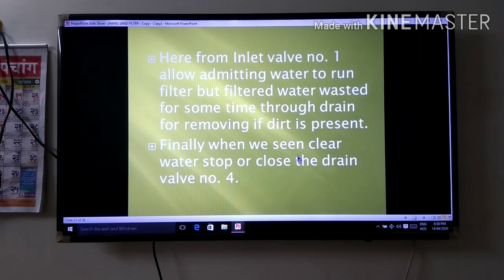That means when water is admitted into the inlet chamber through valve number 1, at that time valve number 4 is still open and drains out all the dirty water. Valve number 4 is not closed until we see clear water. Finally, when we see clear water, we close the drain valve number 4.